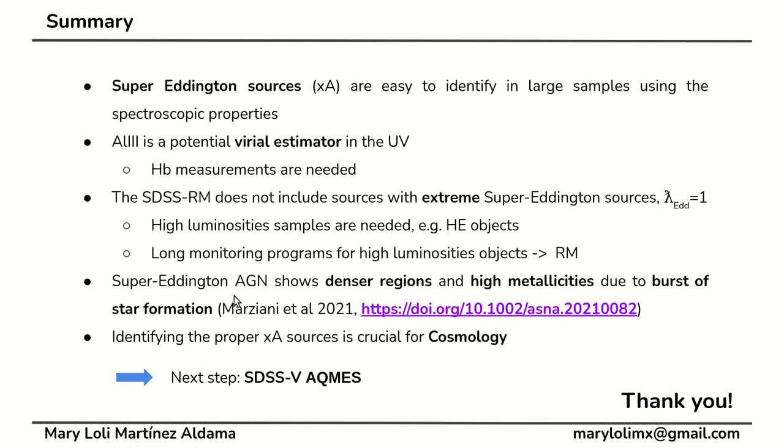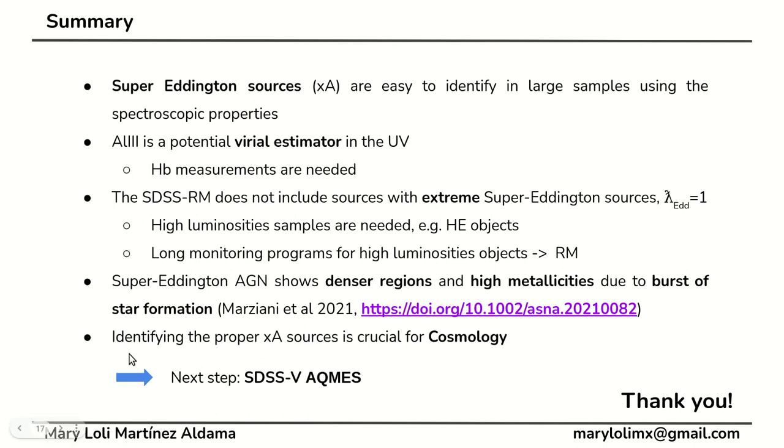From our previous results with Super-Eddington AGNs, we know that the broad line region of these sources is denser compared with the general AGN population, and they also show large metallicities that are probably associated with a burst of star formation. So please go to this last review that we have published, where we claim why the starburst is associated with these high metallicity regions.